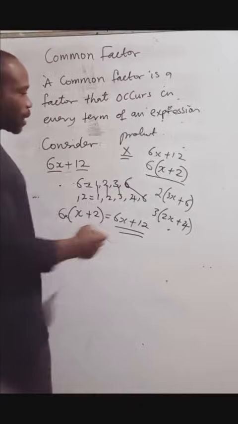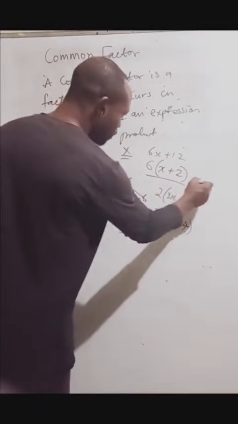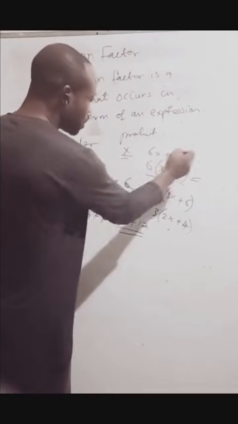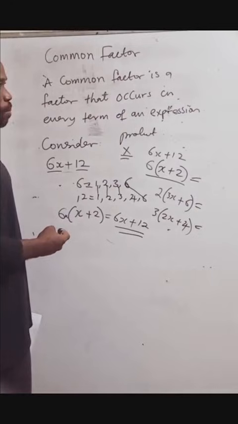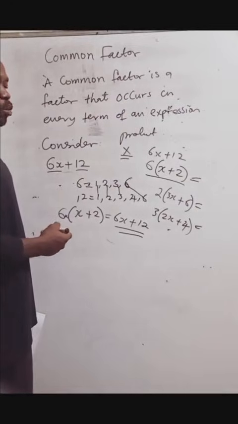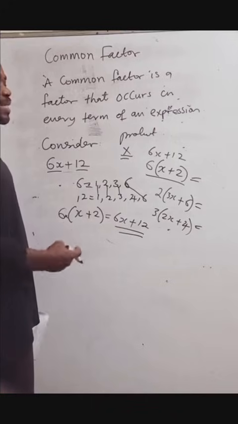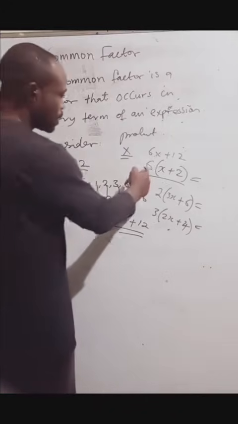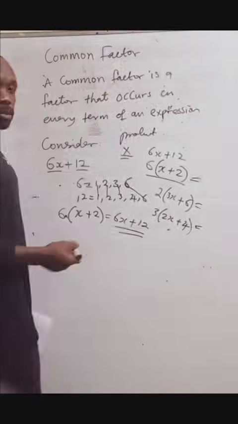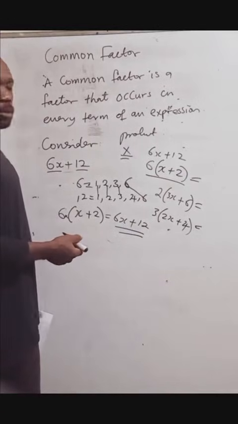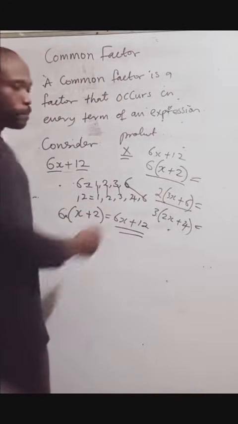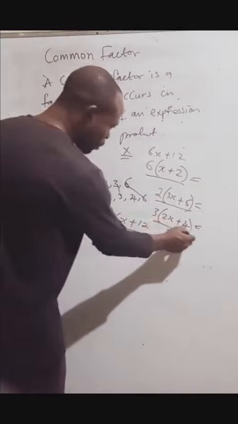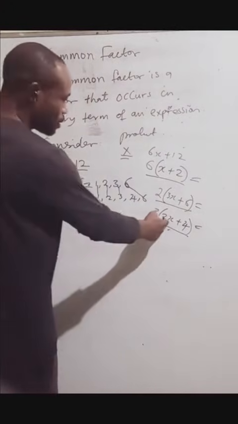But I want you to look at these three factorized versions of 6x plus 12. Look at the three of them. Look at them closely. Now you can see that the simplest version is 6 multiplied by x plus 2. This version can be simplified more than this. This version can also be simplified more than this.